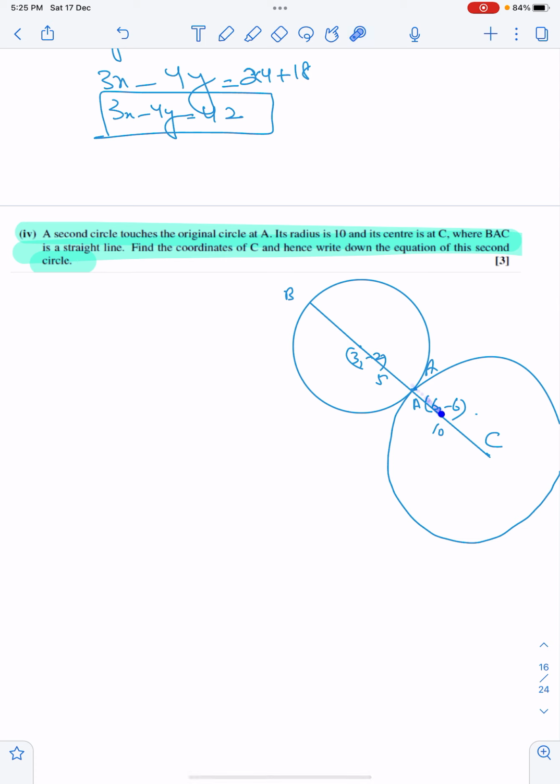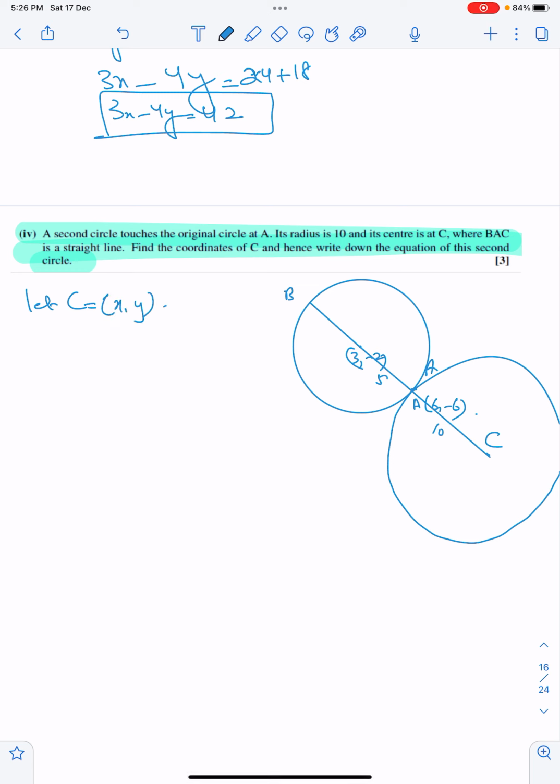This distance is 15 units. If I make the equation, I know that the gradient of BA and the gradient of AC, because it's a straight line, is the same. I can use this. Let C equal x comma y.